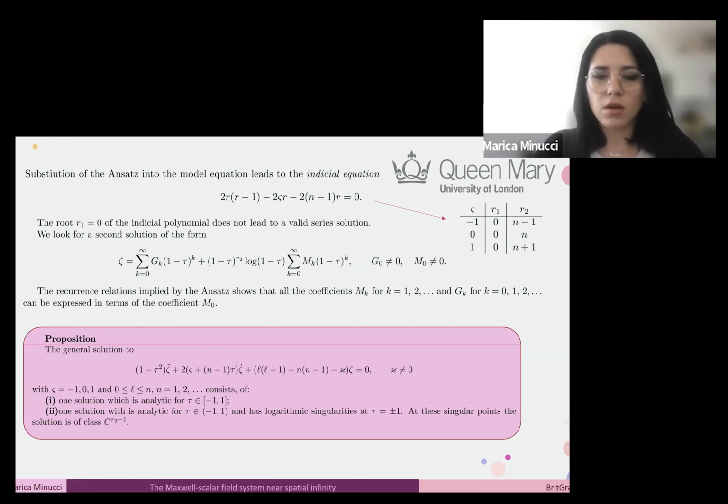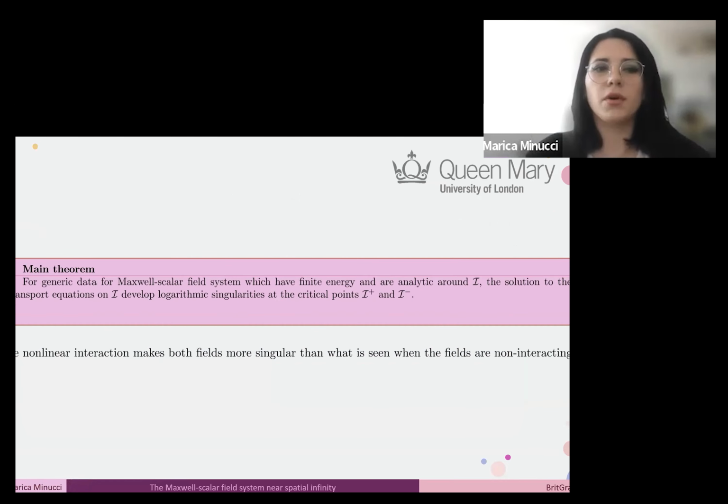What we can conclude is summarized by this main theorem that says for generic data for the Maxwell-scalar system, which have finite energy and are analytic around the cylinder, the set of transport equations develops logarithmic singularities at the critical points. So the main outcome is that the nonlinear interaction makes the field more singular than what is seen when the fields are decoupled.